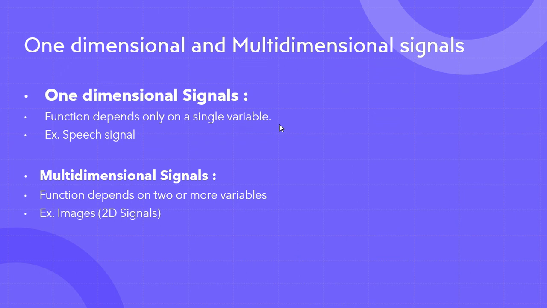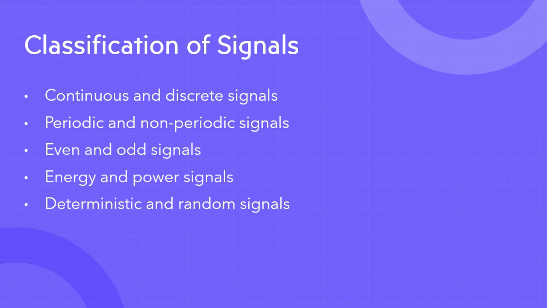Now there are various ways in which we can classify our signals. Signals can be classified, and there are so many ways to classify a signal. We have formed pairs to distinguish different types of signals.